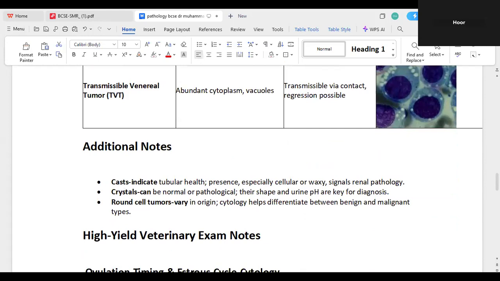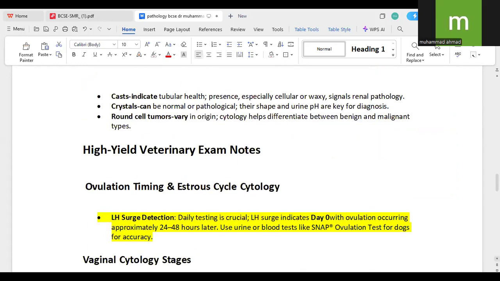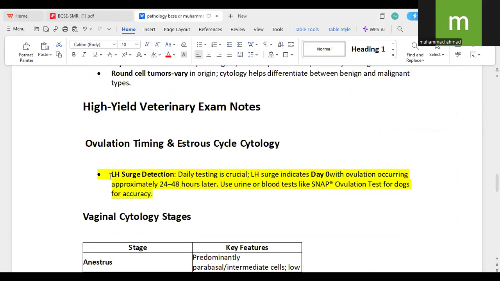So basically, this is it. But let's discuss the estrous cycle. The most important thing in the estrous cycle of the dog is the LH surge, and they may ask a question about when we give a cross after the LH surge. So LH surge detection, daily testing is crucial.